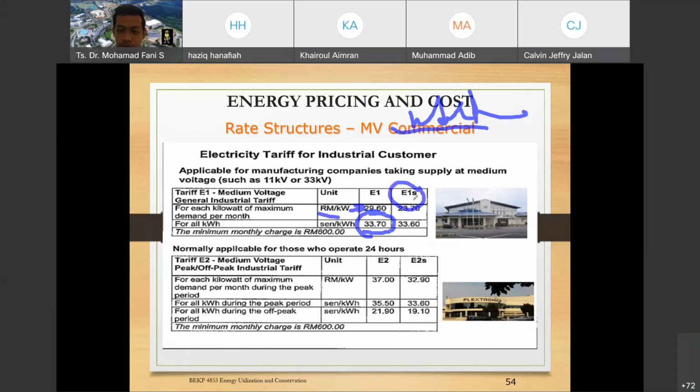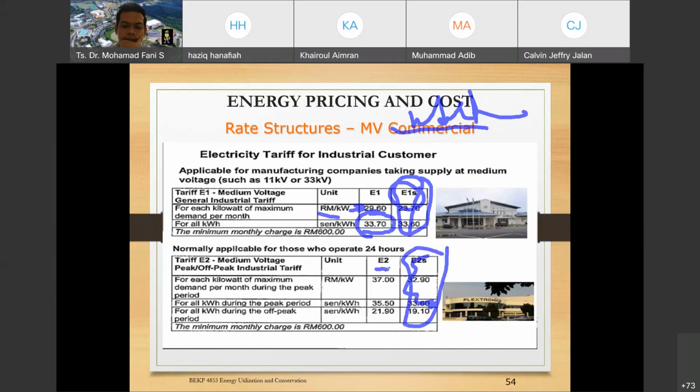E1S is the special tariff for industry, but I think there is no more special tariff. It started in 2018, so there is no more E1S in the market. So just ignore that one.